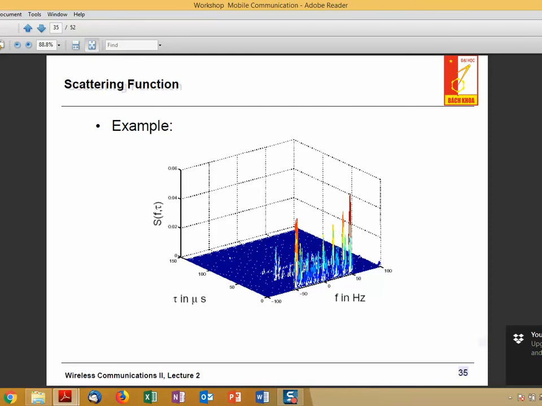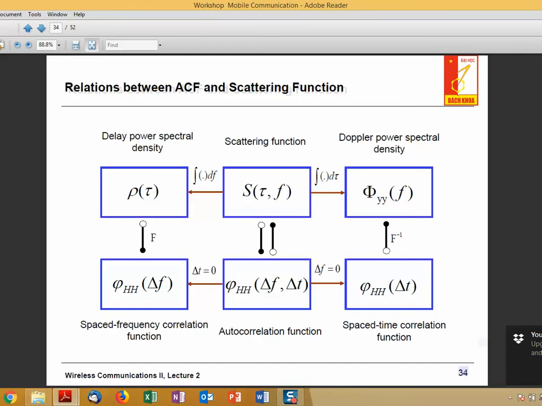So we sum in this direction into the Doppler spectrum, and sum in this direction into the power delay profile. That's a summary from our textbook and from Bello's paper.